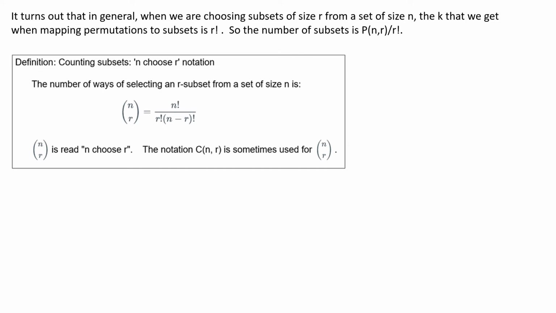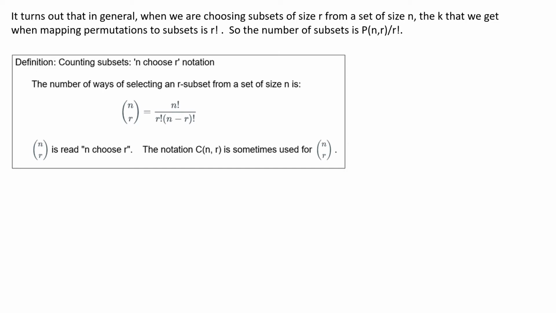That represents that we're starting with a set of n things, and we're taking R at a time, and the fact that it's in those parentheses means that we're talking about the number of subsets.